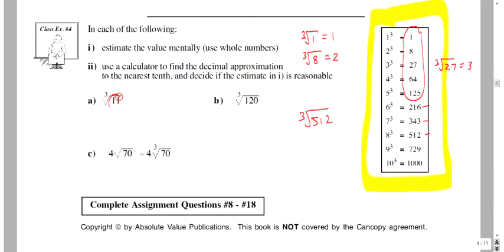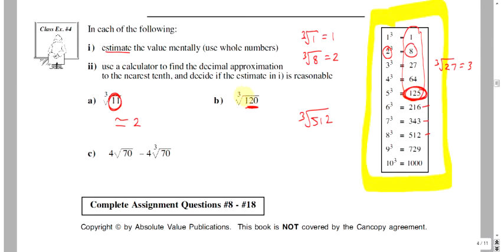Okay? Again, we're going to estimate. What's this closest to? Look on your table. It's closest to 8. So this is kind of close to 2. Okay? Cube roots, not square roots. 120. That's kind of close to 125.